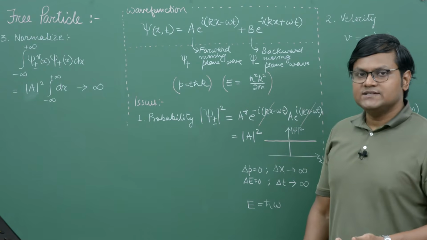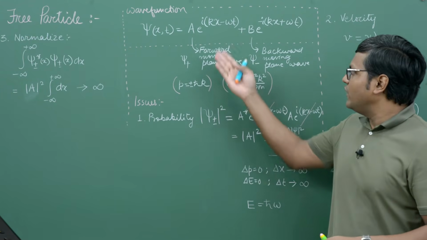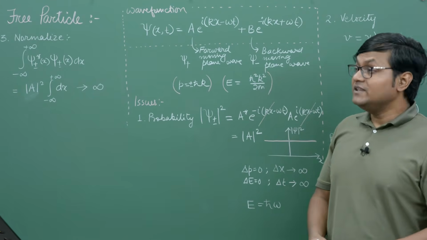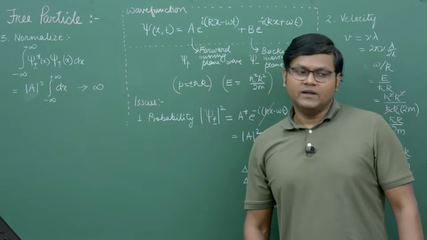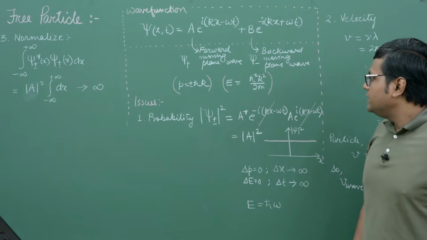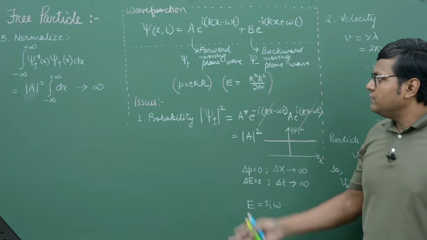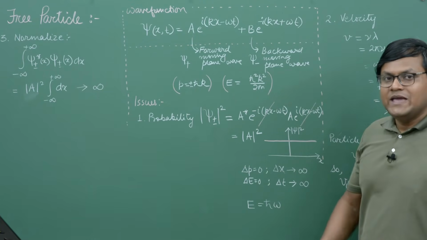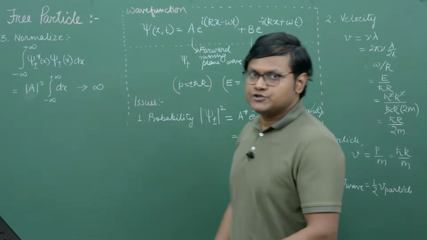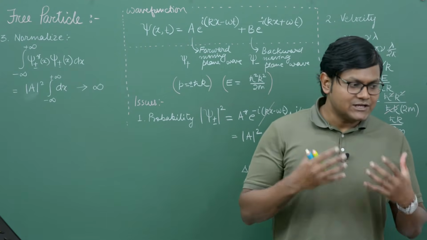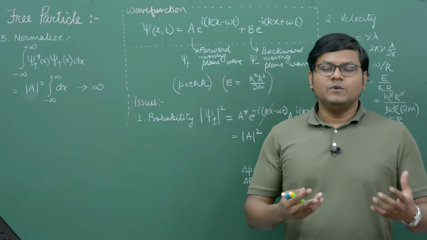Then it doesn't really make any sense, because then this wave function solution is not physically realizable in the sense that it does not represent a physical particle. So clearly you can see that we can't use this solution of the Schrodinger equation for a free particle, because we have certain restrictions on the solutions of a Schrodinger equation that it must satisfy for it to be actually applicable for a physical system.